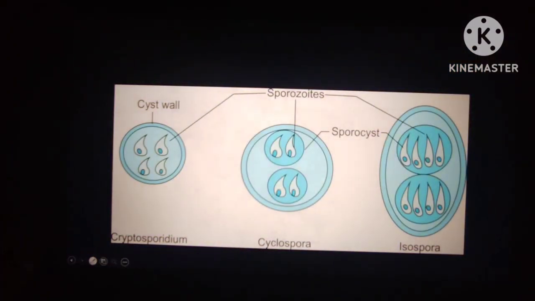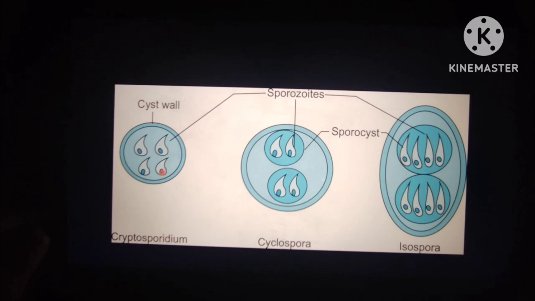Just for completion's sake I'm saying, this one will have a cyst wall, and a single cyst which contains a spore, that is 4 sporozoites, whereas here there will be 2 sporocysts containing 2 sporozoites each, whereas Isospora will have 2 sporocysts containing 4 sporozoites each. Just remember this diagram, it's more than enough, but I think they won't ask that much detail. Just remember the treatment, the size and the acid fastness.